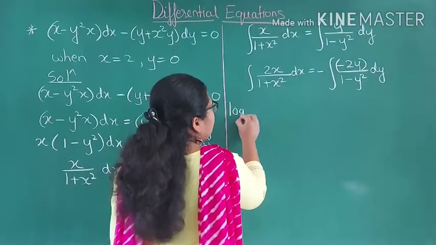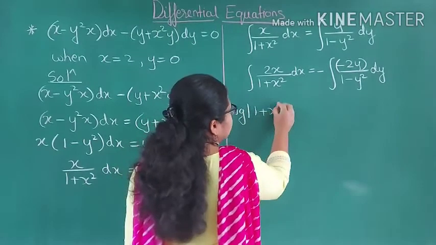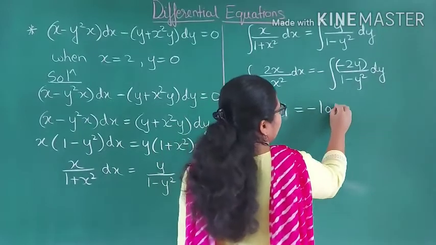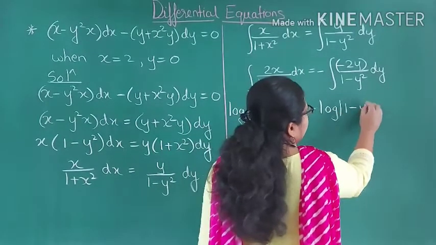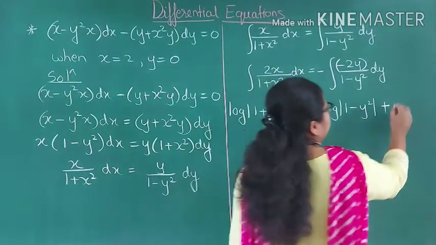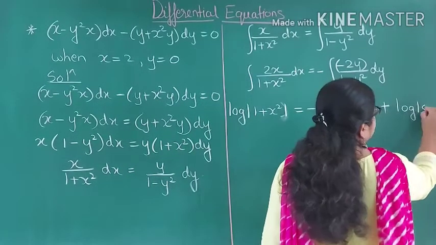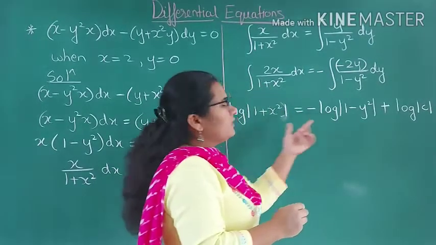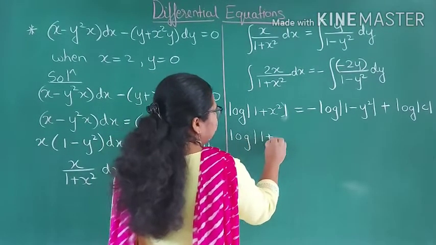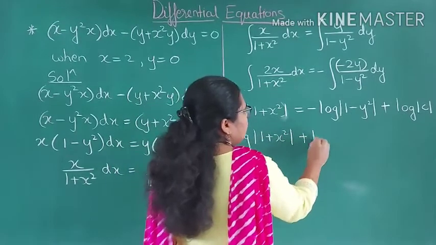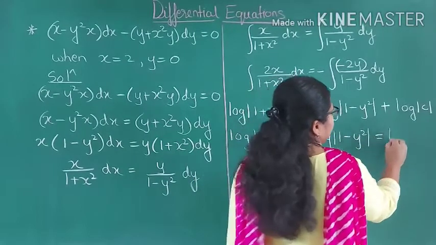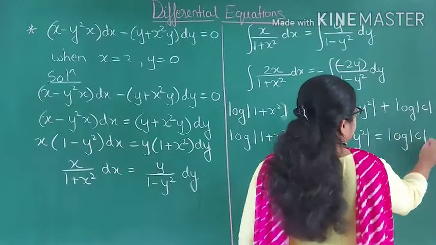This is log of 1 plus x square is equal to minus log of 1 minus y square plus, for constant we will take log c. So log of c. Now again this term we will take on the LHS, it will become plus. So log of 1 plus x square plus log of 1 minus y square is equal to log of c.